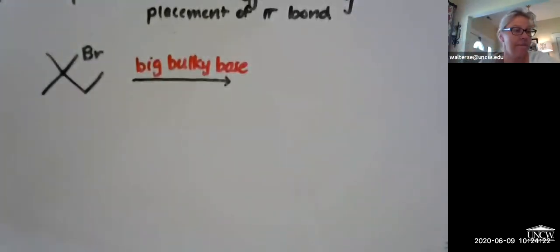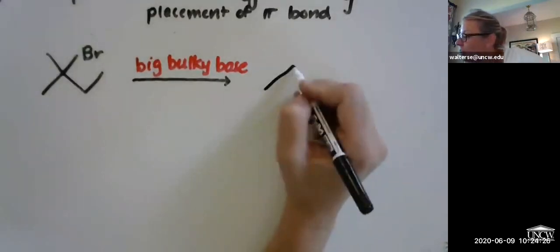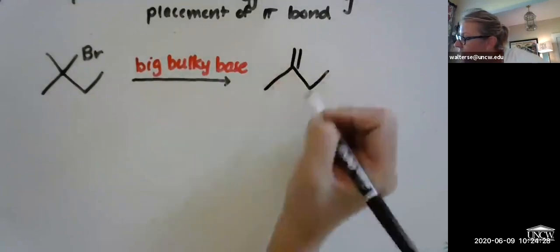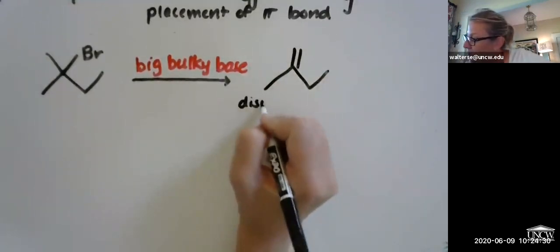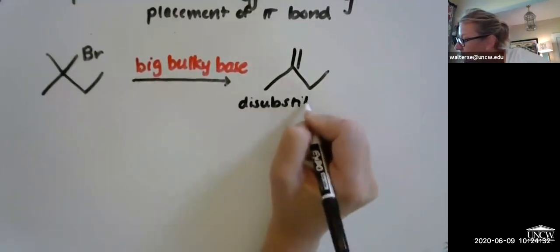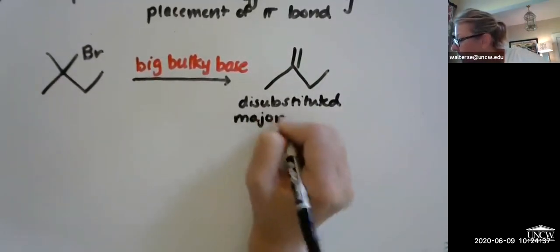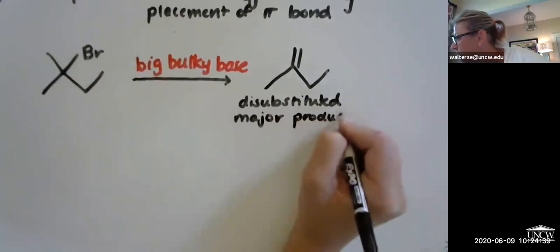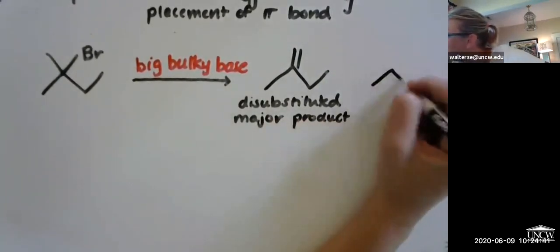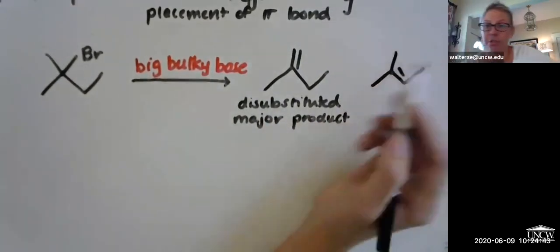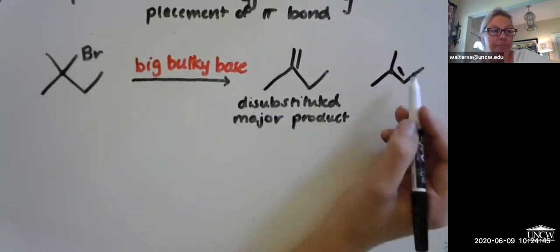Big, bulky bases are going to make the di-substituted product your major product. You'll still make some of the tri-substituted product, but it's going to be minor.